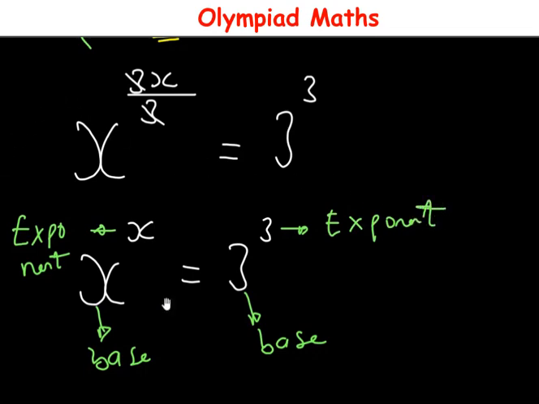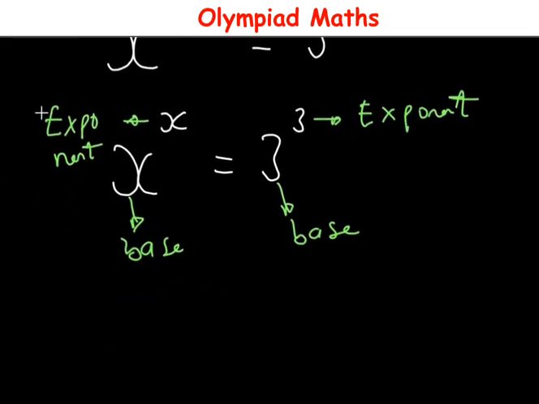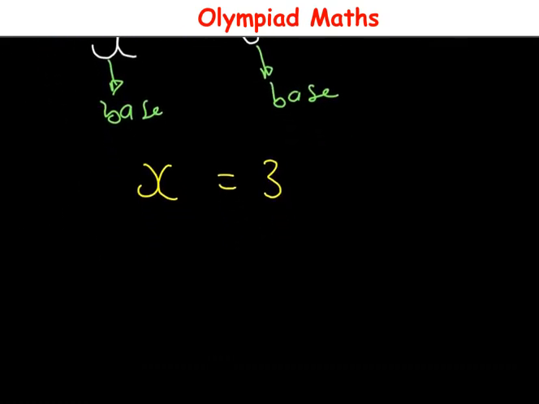So in such a case, in which you have the same base and the same exponent, what we'll simply do is compare the powers such that x is then equal to 3. Now we've gotten the value of x, but the question is to solve for the value of k. So how do we go about it?